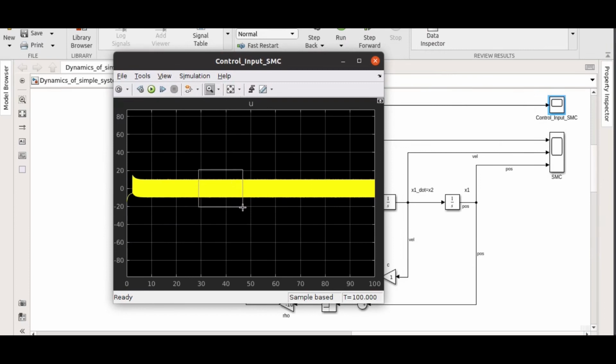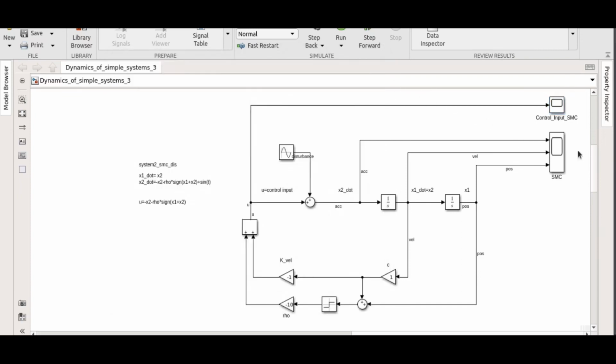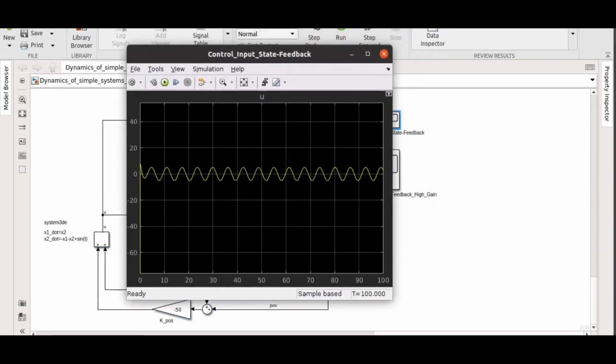But in case of state feedback controller, it is a sinusoid but of a lower frequency. So even if the sliding mode controller behaved better in simulation, in actual scenario it may not be true.